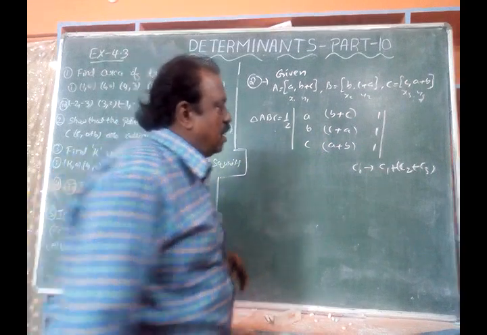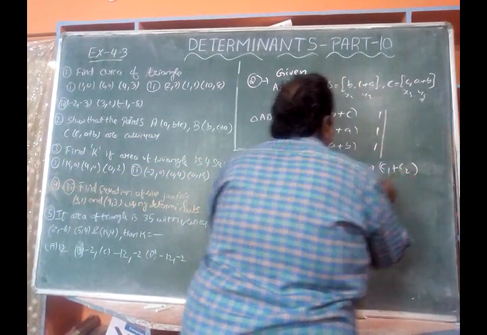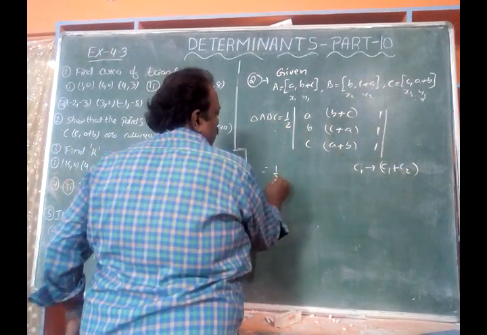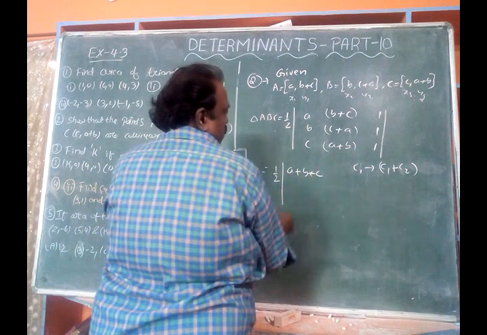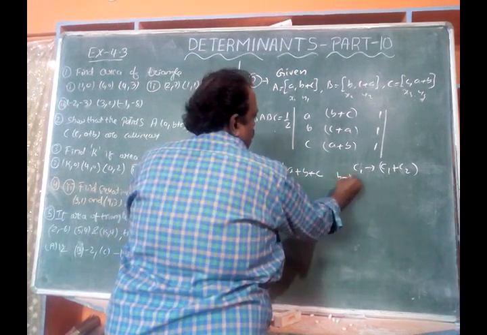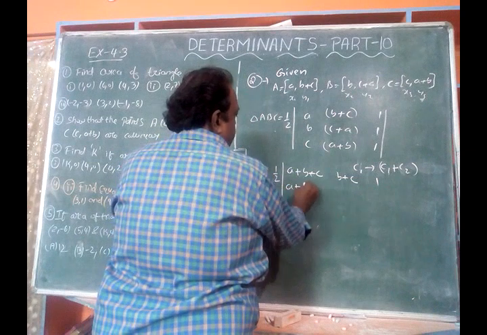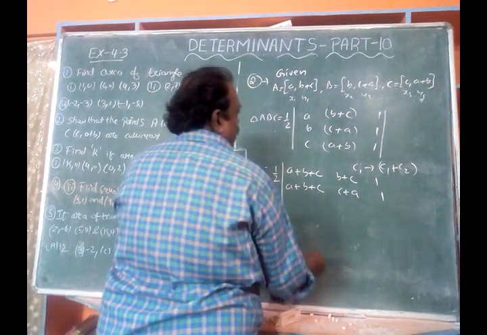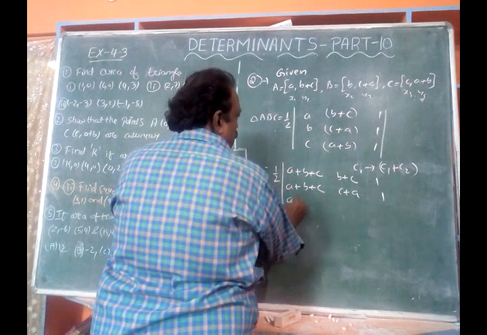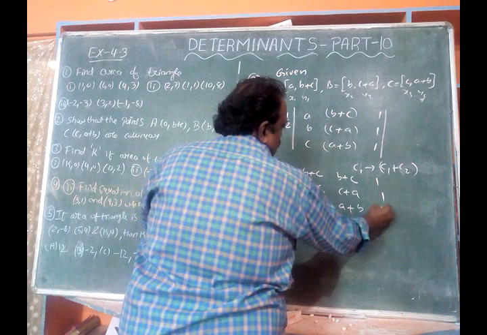Or simply C2. Then what will happen? We will see. It is A plus B plus C, and B plus C and 1. Here also A plus B plus C, C plus A, 1. And here also A plus B plus C, A plus B, 1.